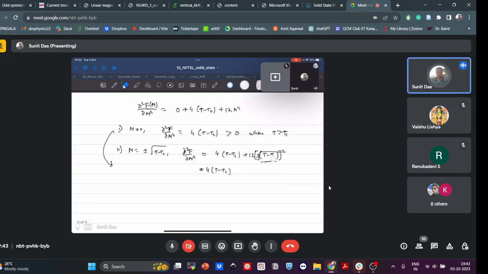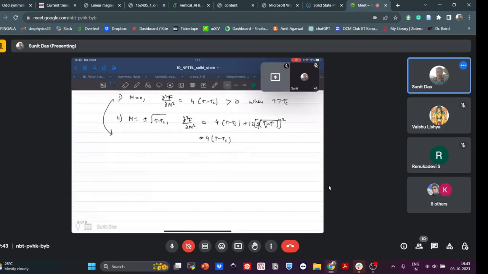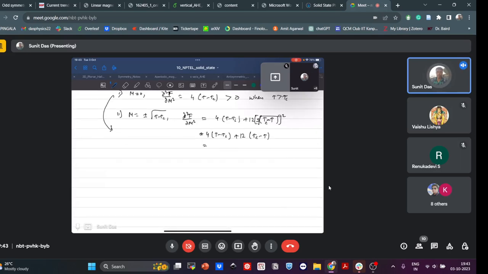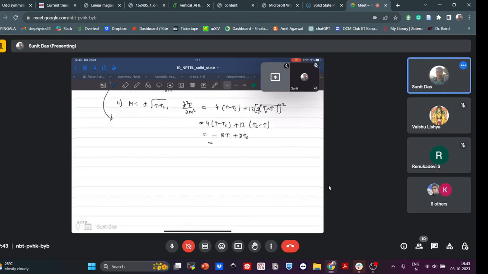So here it will be Tc minus T, plus 12 Tc minus T. Then it will be minus 8T plus 8Tc, so 8 times minus, and this will be less than 0 when T is greater than Tc.